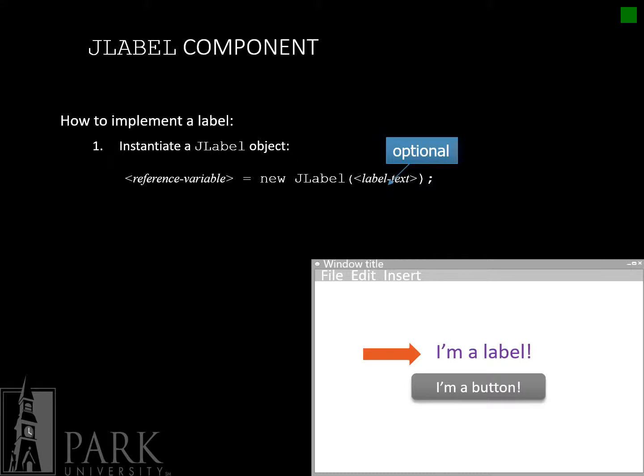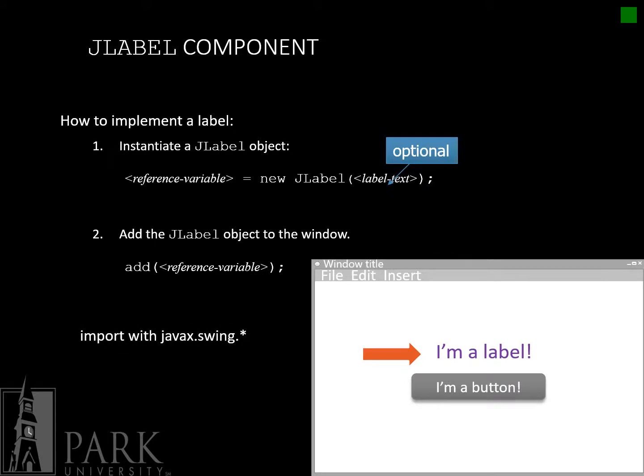It's optional, but you'll often know ahead of time what you want the label to say, so this is a convenient place to do it. Next, we simply add the component to the window or JFrame object. Finally, don't forget that we need to import the JLabel class with the javax.swing package.